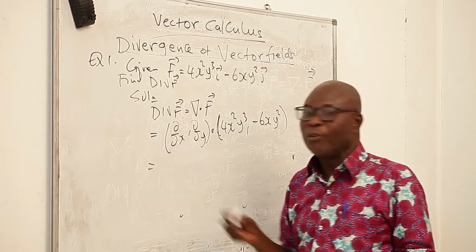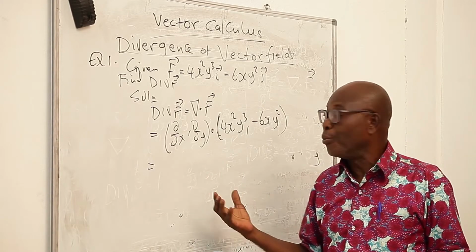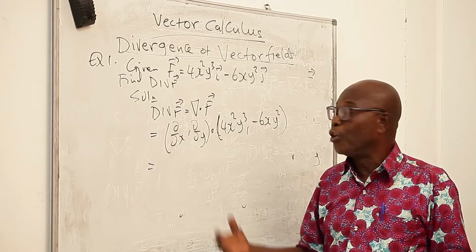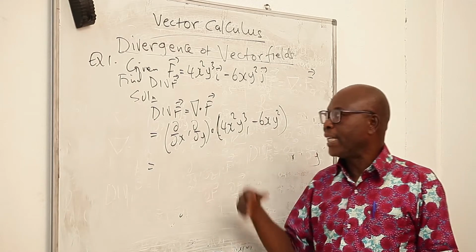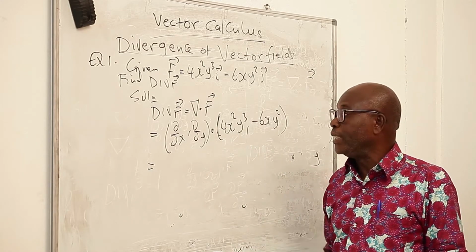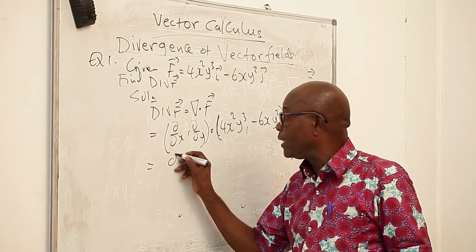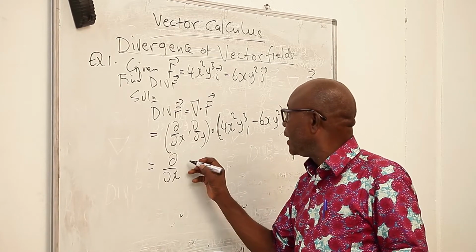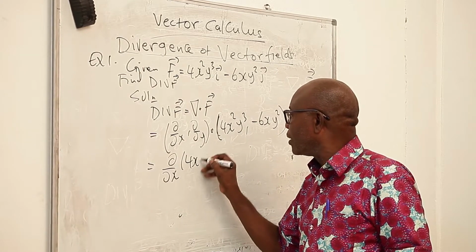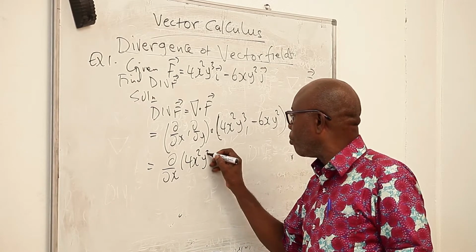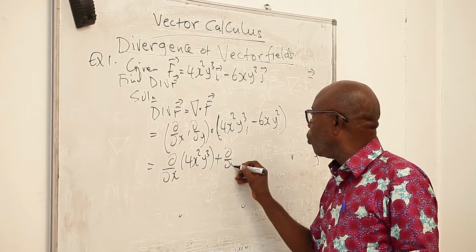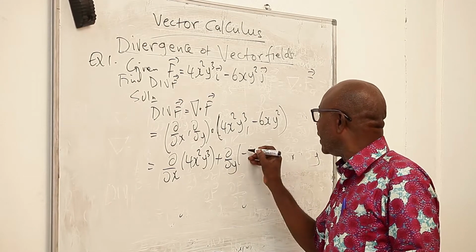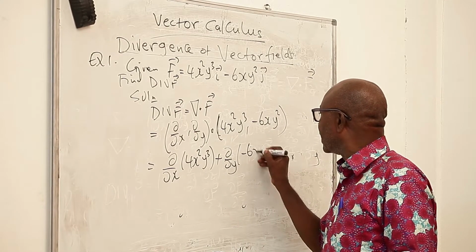If you do the dot product, you multiply the i components, then add it to the multiplication of the j components. So we're going to have partial x of 4x squared y cubed plus partial y of negative 6xy squared.